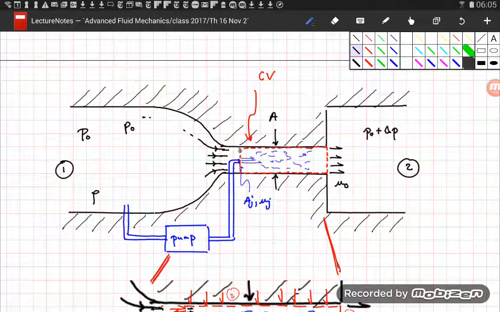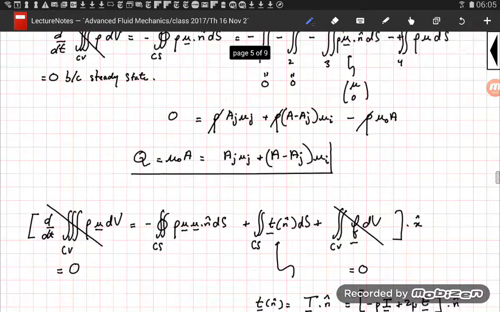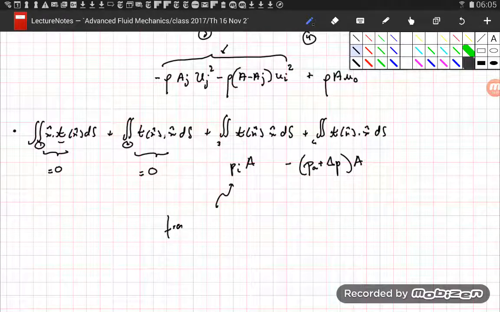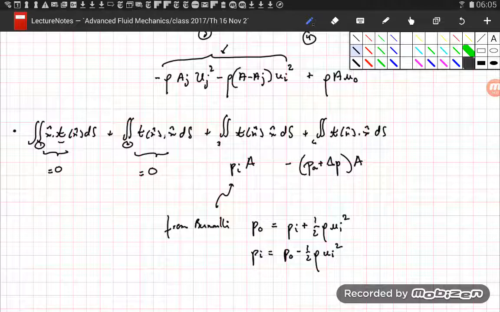And then later on, when we arrive here, we have Pi at velocity ui, so we can write from Bernoulli along a streamline that P0 is equal to Pi plus 1/2 of rho ui squared. And therefore Pi is equal to P0 minus 1/2 of rho ui squared.